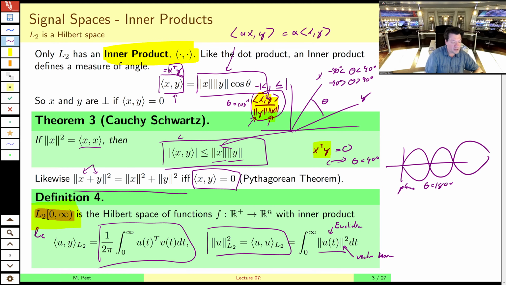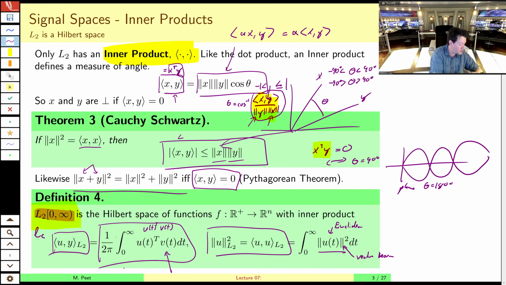And so it makes sense that the obvious inner product associated with that norm would be the inner product in Euclidean space of u at t with v at t. So we take u transpose t and v of t, and we integrate that from 0 to infinity, and that is how we define our inner product space.